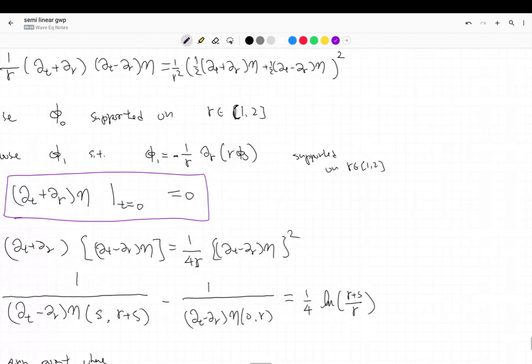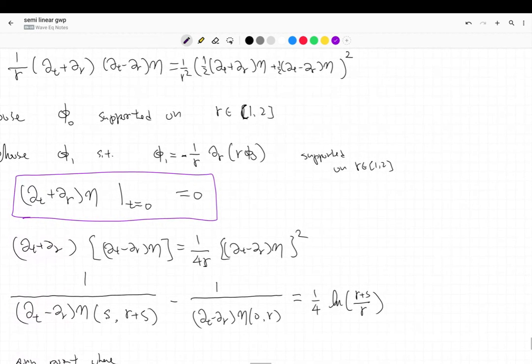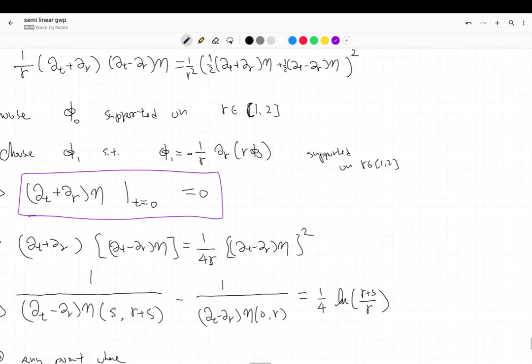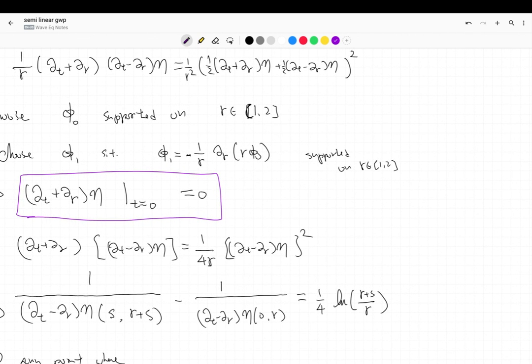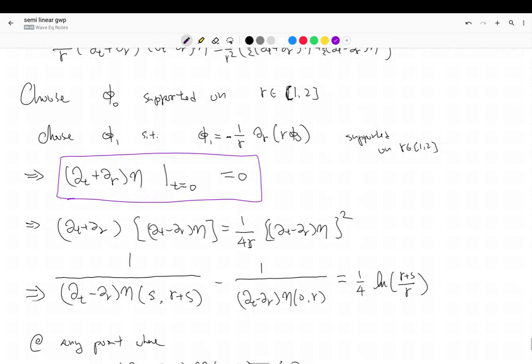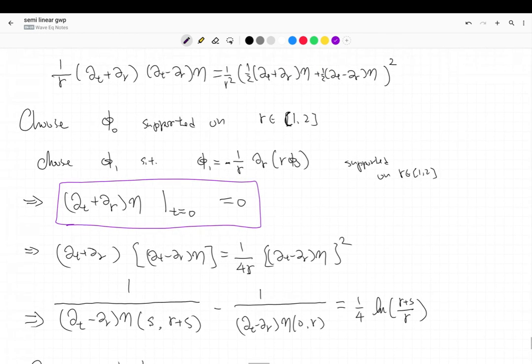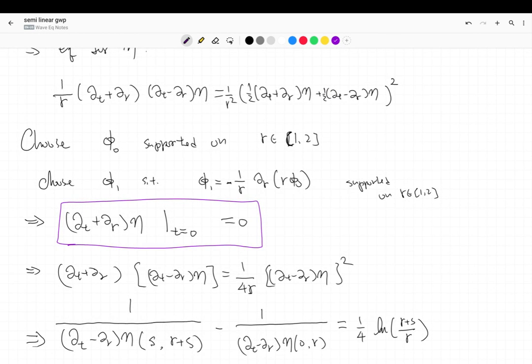Actually, the easiest way to say it is the following: because we know dt plus dr eta is 0 initially, for a first pass we can pretend that dt plus dr eta is more or less 0.